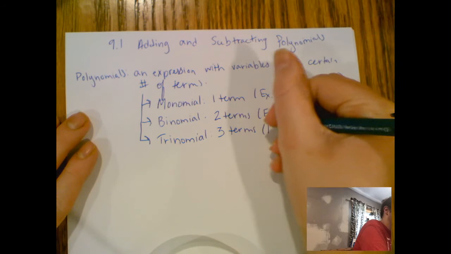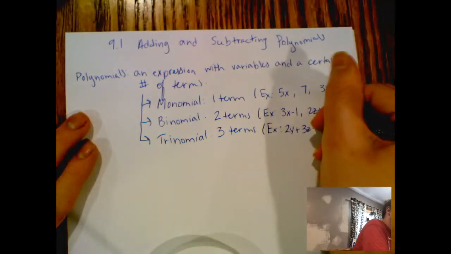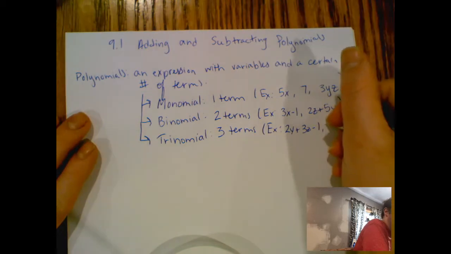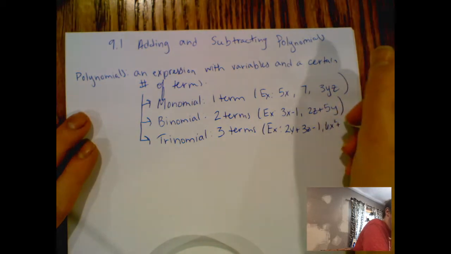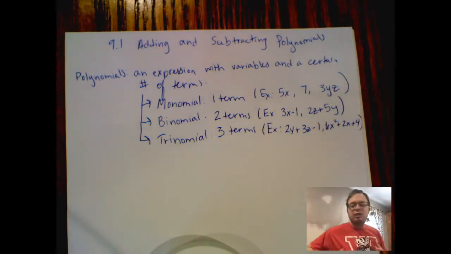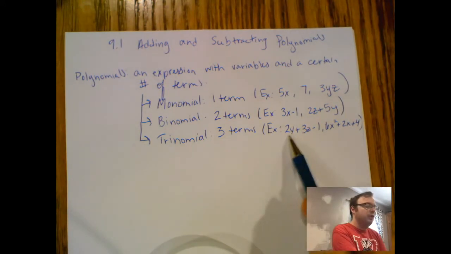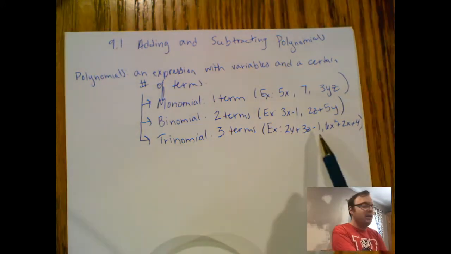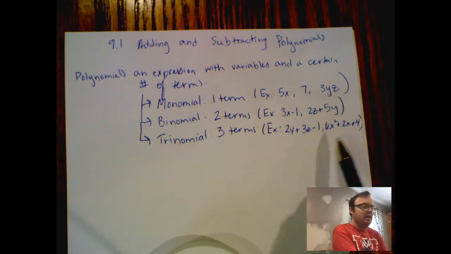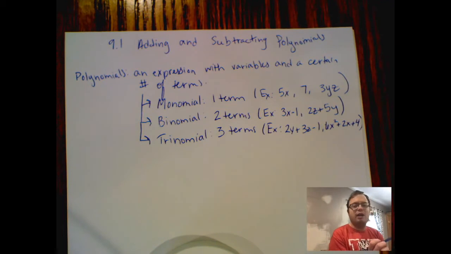An example would be 2y plus 3z minus 1, or 6x squared plus 2x plus 4. Each one has three terms. In the first example, one term is 2y, the next term is 3z, and the last term is minus 1. Next we have 6x squared, then 2x, and then 4. So each of these is a different term in this trinomial.